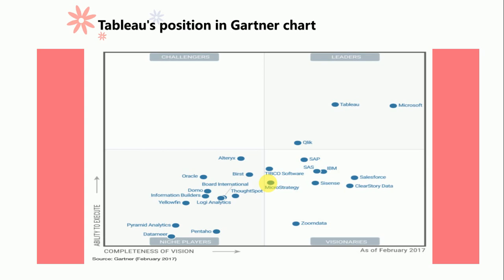So this is a Gartner chart made in 2017 by comparing Tableau with all other BI tools. When Tableau is compared with all other BI tools, it made its way to lead by beating all the other BI tools around. Microsoft Power BI is the competitor with Tableau. Let's move on to the next slide.